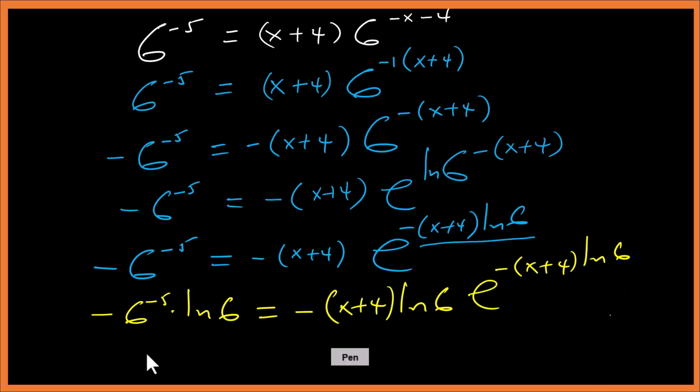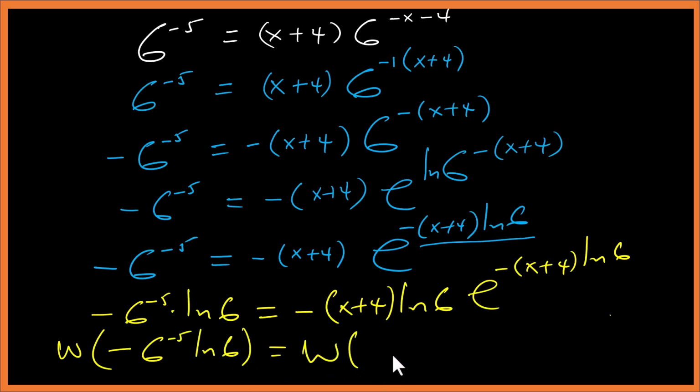Okay, so with this, we can take the Lambert W function of both sides. We have W function of minus 6 raised to that ln of 6 equals W function of minus x plus 4 ln of 6 times e raised to x plus 4 ln of 6.